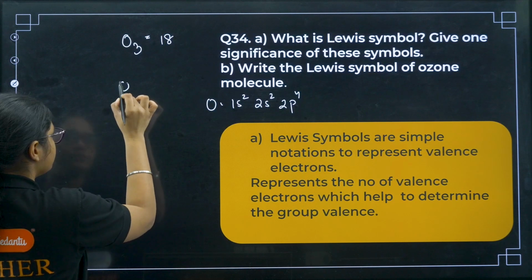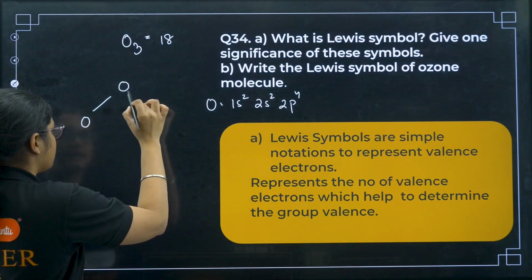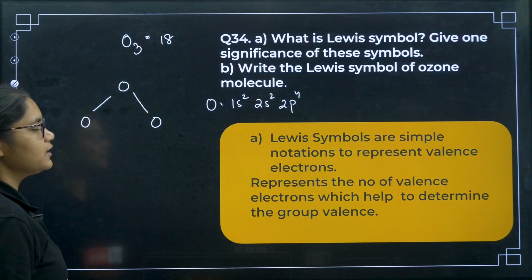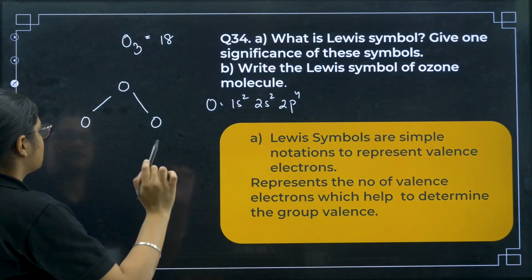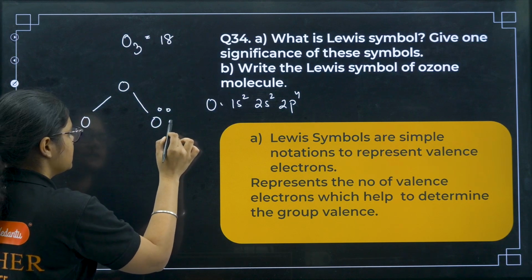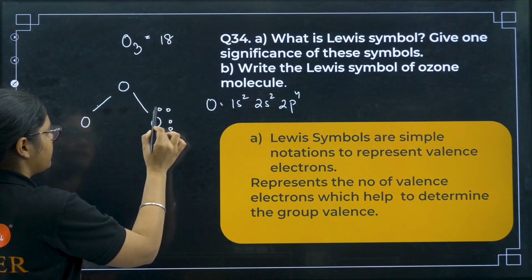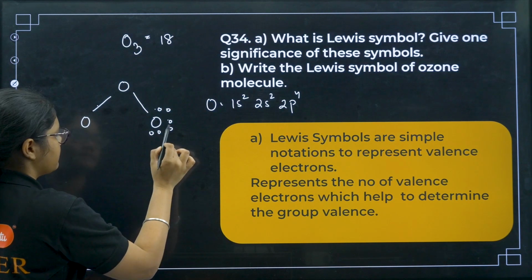Now if I want to draw the Lewis structure, I'll write 3 oxygen and connect each one with a bond. So how many electrons are gone? 1, 2, 3, 4. Now I want to satisfy the octets, so 5, 6. I will do it like this. So what you can see here, 1, 2, 3, 4, 5, 6, 7, 8, 9, 10.